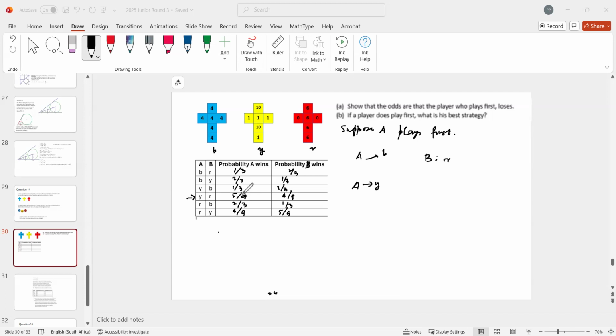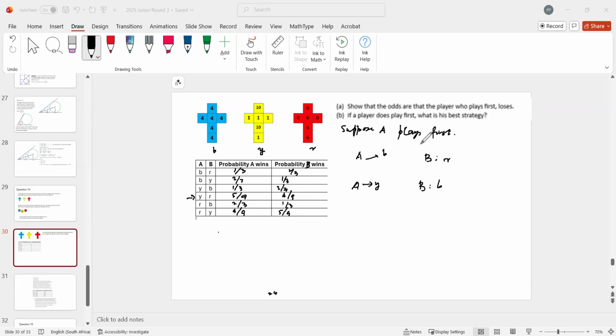if he chooses yellow, then what B will have to do is to choose blue, because then B will beat him. If he chooses yellow, it'll be 1/3 probability then.